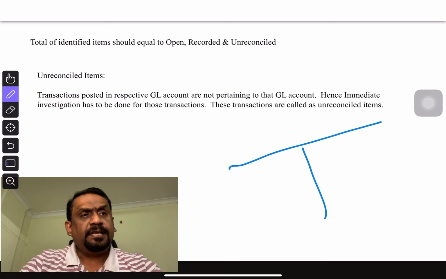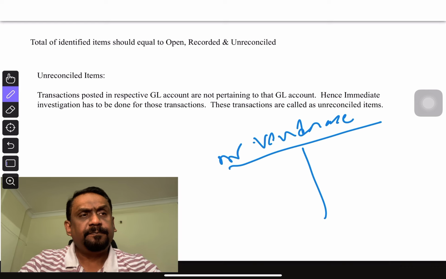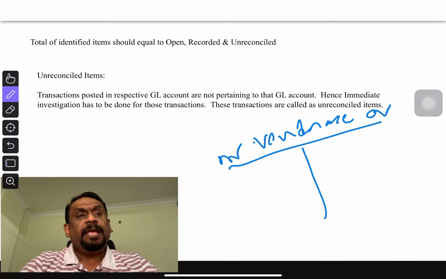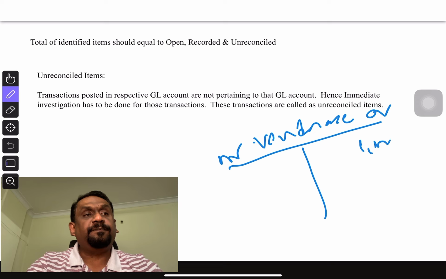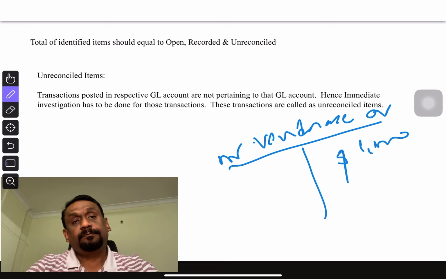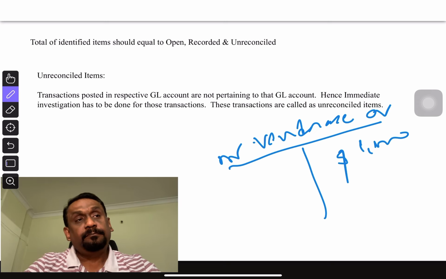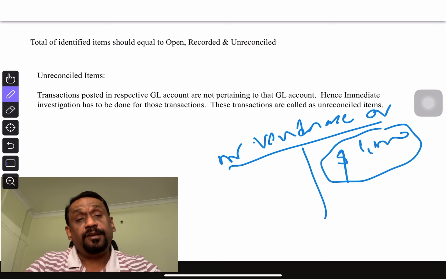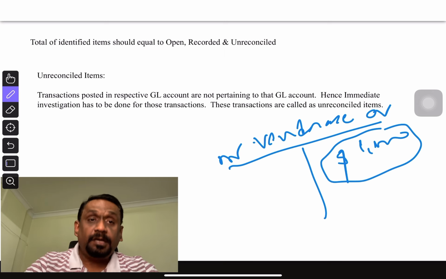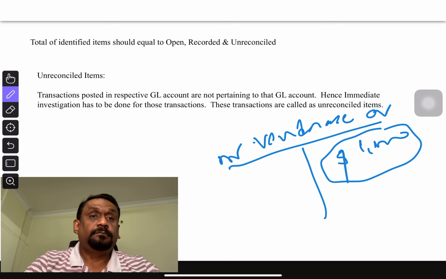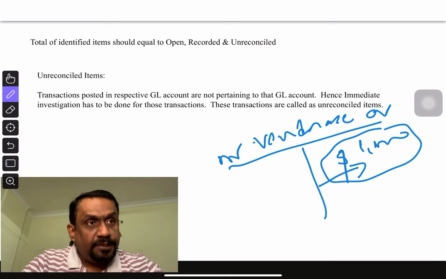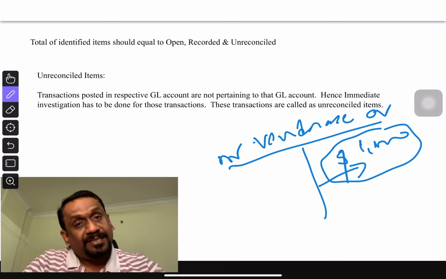Let us take the same example account, vendor account. I posted an invoice in this vendor account, $1,000. But this $1,000 invoice is not pertaining to this vendor. It's an incorrect posting. So the transaction posted in this supplier account is not pertaining to that supplier.